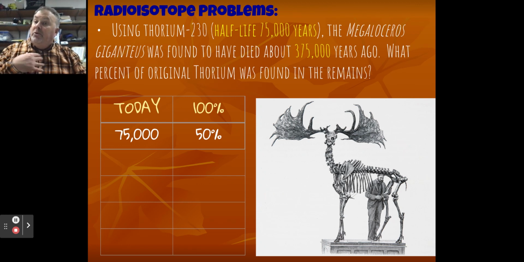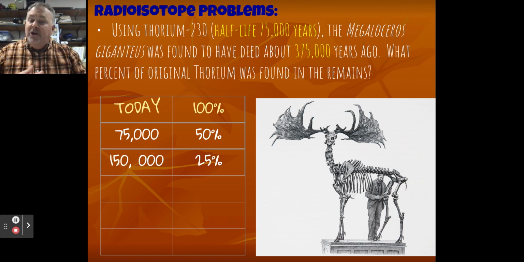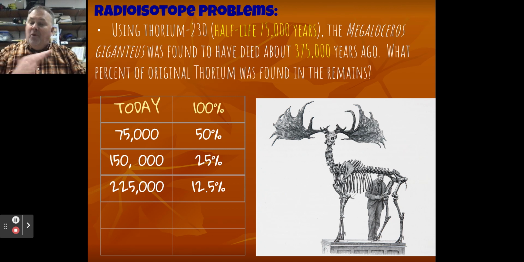But we know that it was aged by a scientist to be 375,000. We've got a long ways to go. If it goes to a second half life, that would be about 150,000 years old. It's still not enough. So we'd have to go through a third half life, and that gives us around 12.5%, or 225,000 years old.